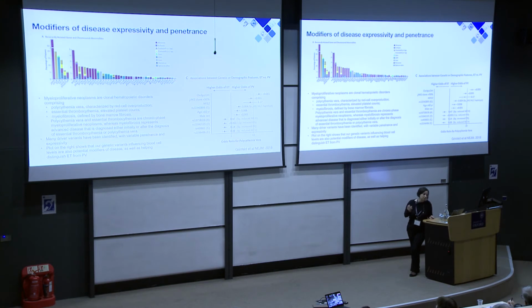The causative mutation for these diseases is JAK2, but they were able to show that some of the variants we had previously identified, reduced hemoglobin or increased platelet count, are modifying the cancer phenotype towards a higher frequency of ET. And this clearly also informs treatment options for these patients.